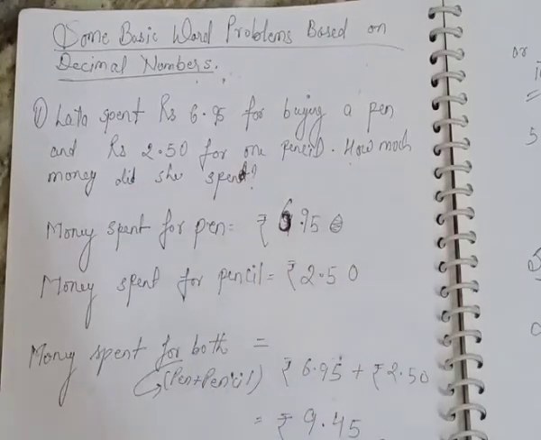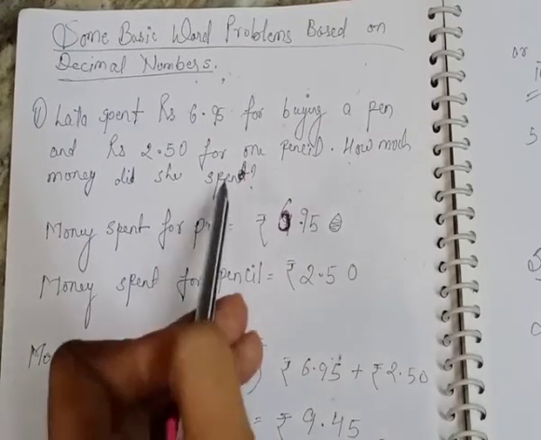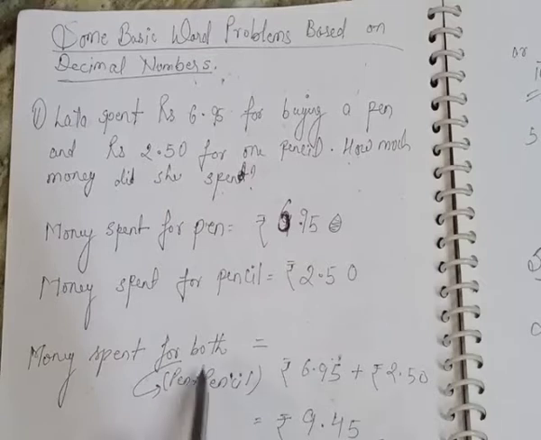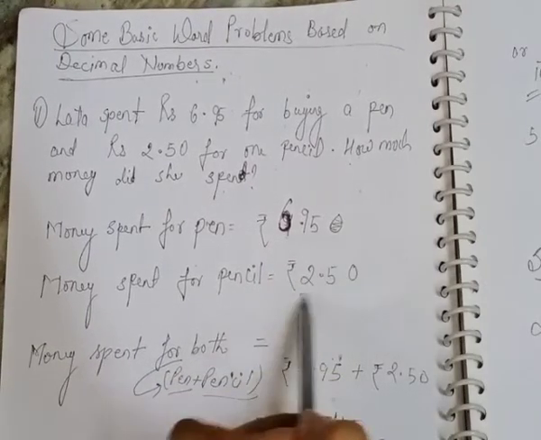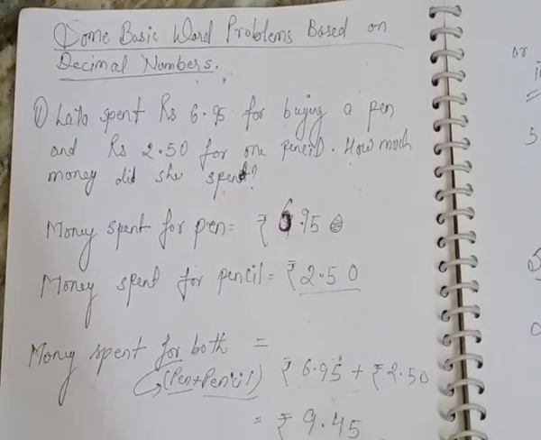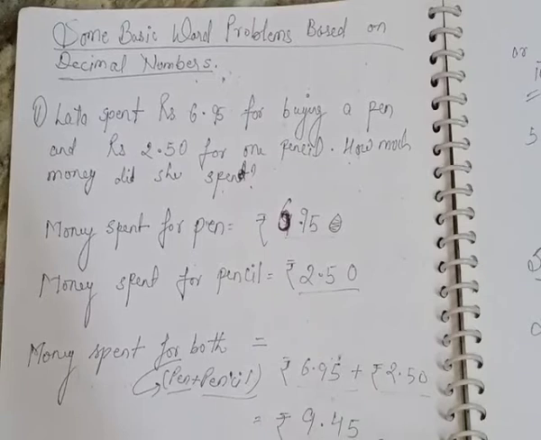Money spent for both means on pen and pencil both, so we will add these values. Money spent on pen plus money spent on pencil, we will add it and we will get the answer 9.45. So this is the answer.